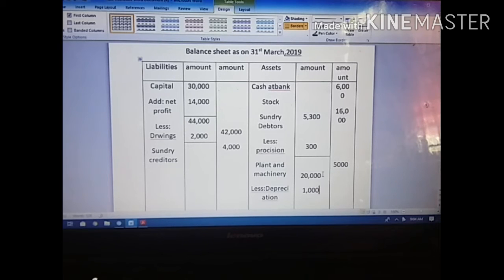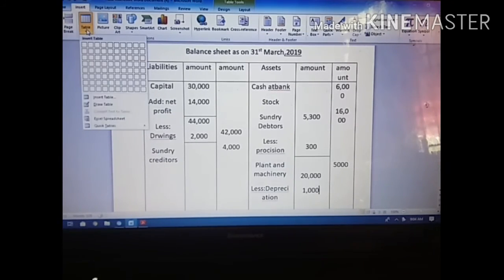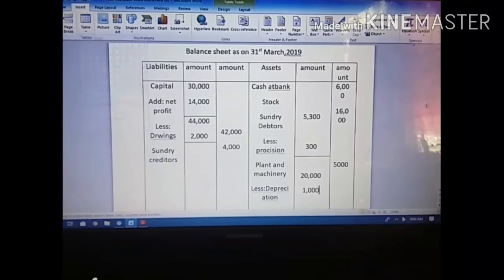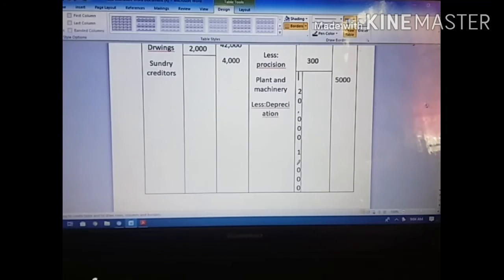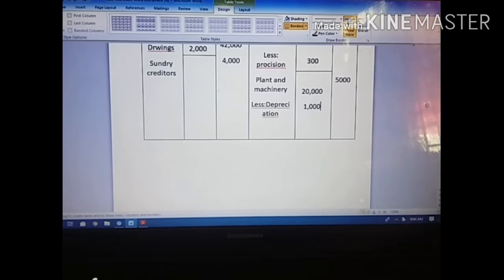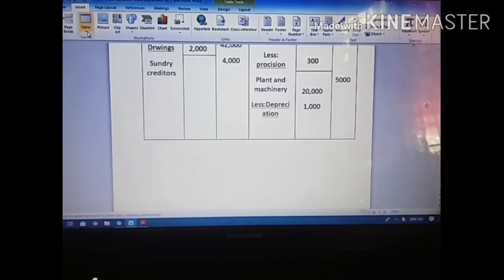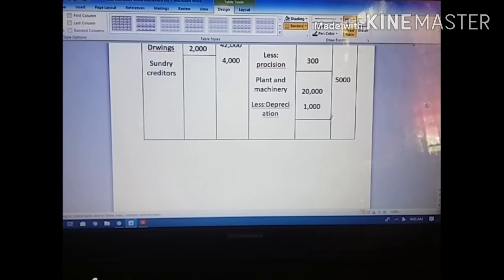So in plant and machinery 20,000, you have to minus the depreciation. After minus the depreciation, you have to show this amount in the outer column. So 20,000 minus 1,000 is 19,000.